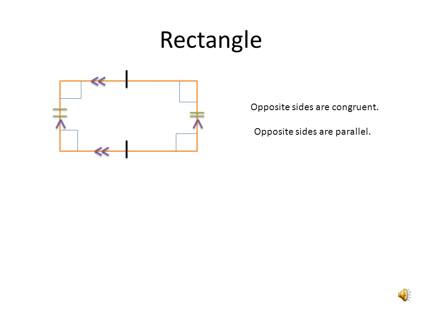Therefore, all angles are congruent, as well as opposite angles being congruent. The fact that a rectangle has opposite sides congruent, opposite sides parallel, and opposite angles congruent allows it to also be classified as a parallelogram.